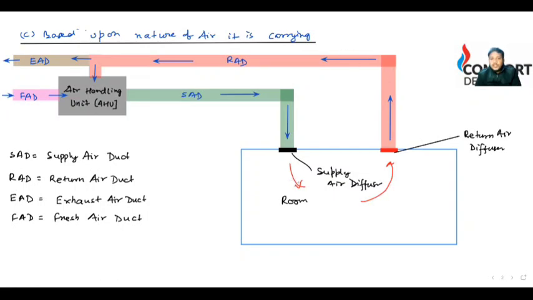Suppose we supply at 24 degrees Celsius, and the return air will be 28 or 29 due to friction. In that case, converting from 29 to 24 is easier compared to from 45 to 24, and that is why this air is used continuously, for energy conservation.